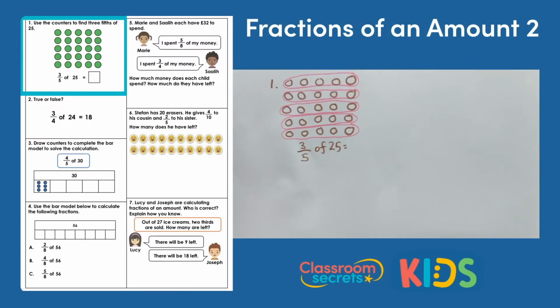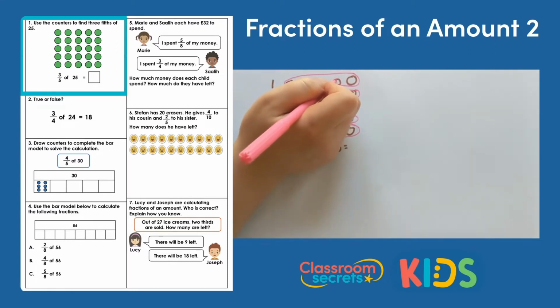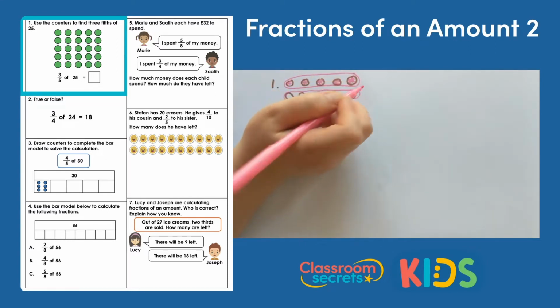Now, because the numerator is 3, the top number of the fraction, that means I am interested in 3 groups of counters. It can be any 3 groups, so I'm just going to shade in all the counters in 3 groups.